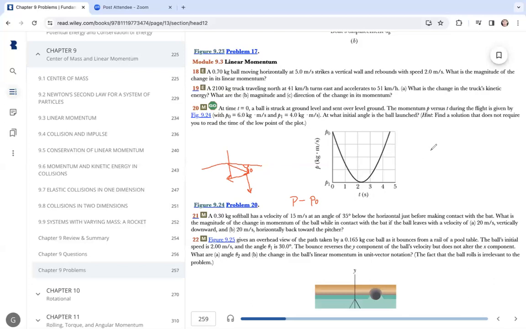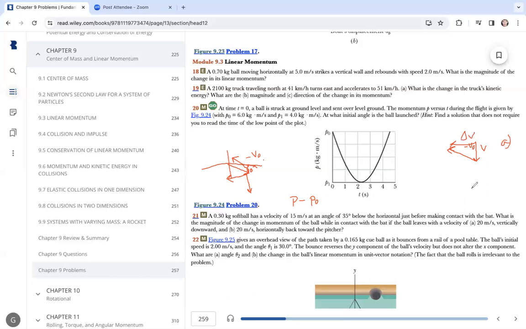For part A, that would be negative V naught. So negative V naught is like this, and then V final is like that. So that would be delta V. That's for part A.